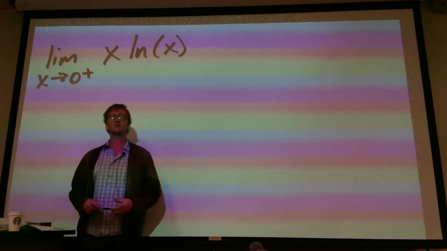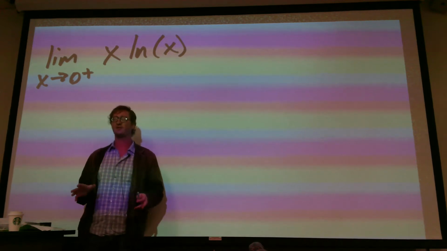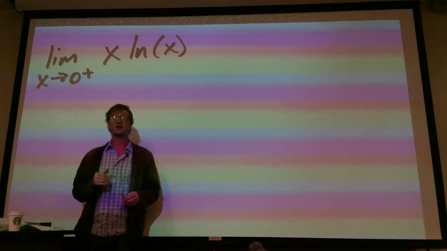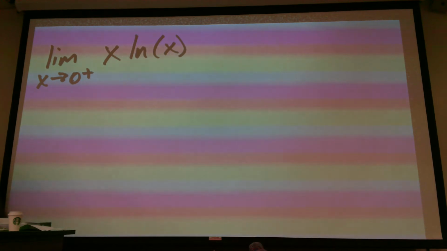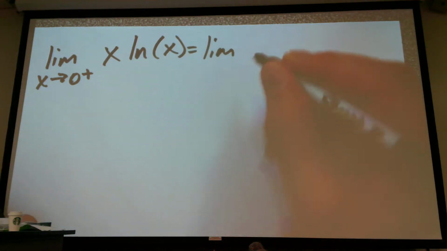We can only use L'Hopital's rule if it's in a fraction form. And we don't even have a fraction right now. So let's force it to become a fraction and then try to evaluate the problem. So I could rewrite this thing like this.